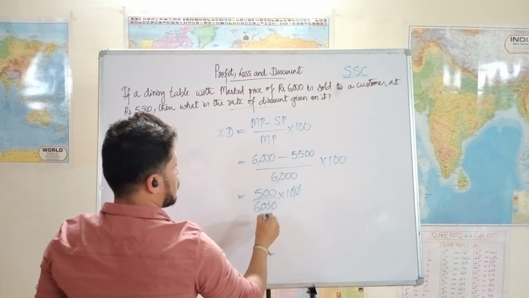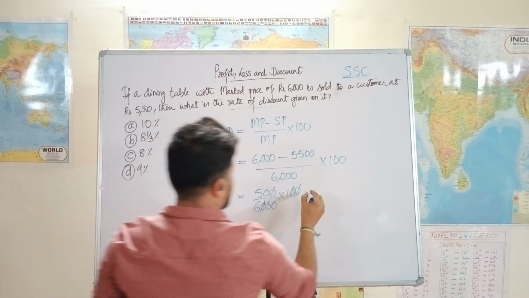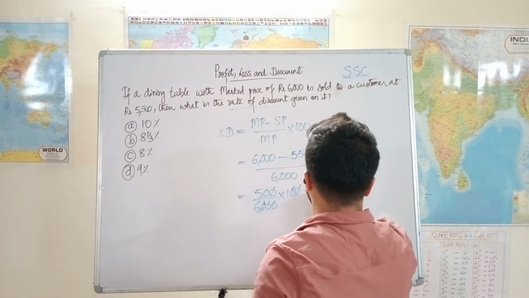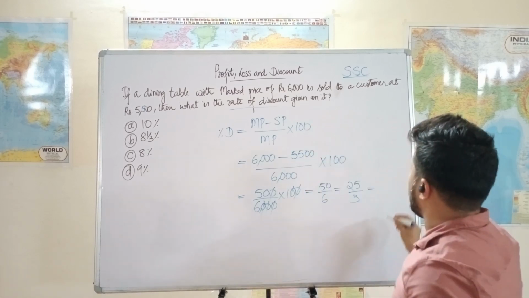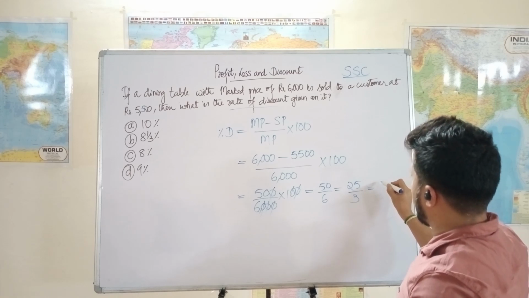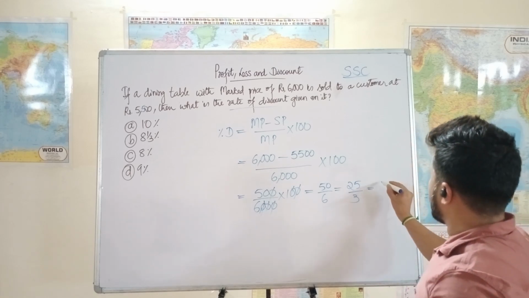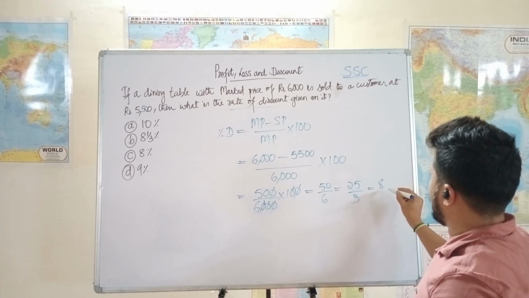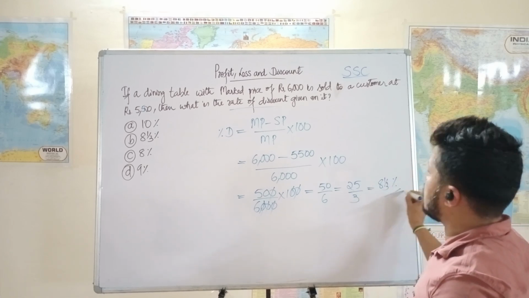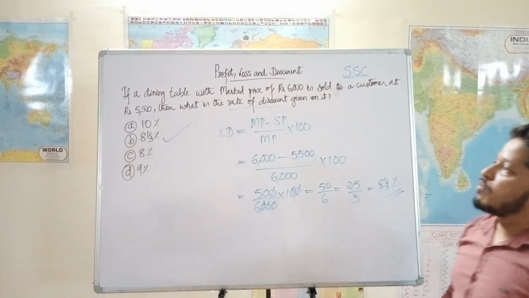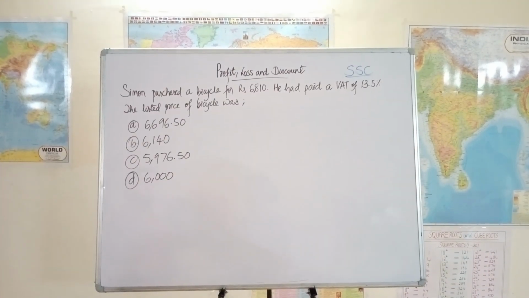So I cancel these zeros. Here 50 divided by 6. 50 divided by 6 is 25 divided by 3, which is 24.